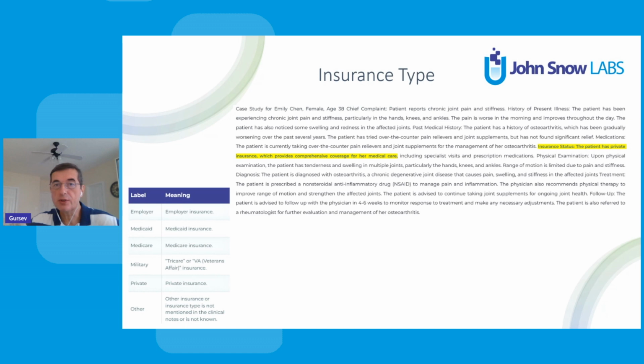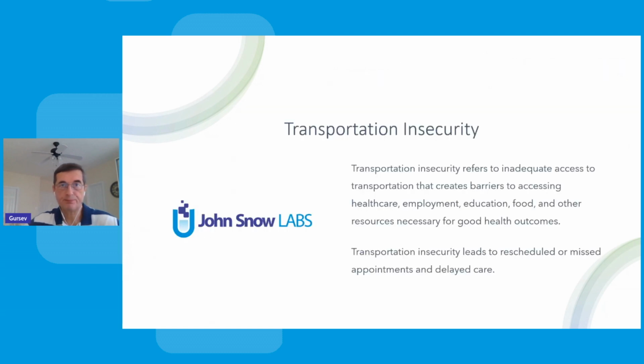So again, take a look at this text. Insurance status is discussed here as a separate section with a header, insurance status. The patient has private insurance, which provides comprehensive coverage for her medical care. So good news, the model already labeled this as private, which is correct, and it's almost 99%.